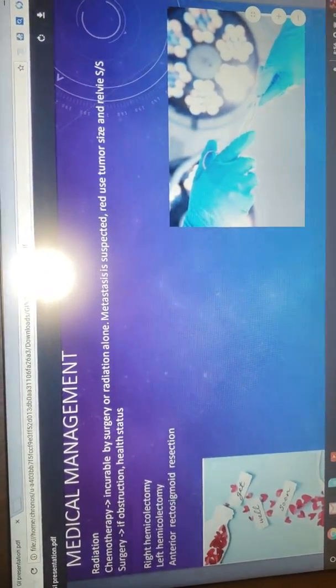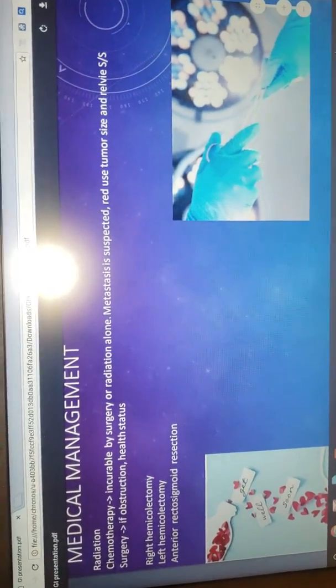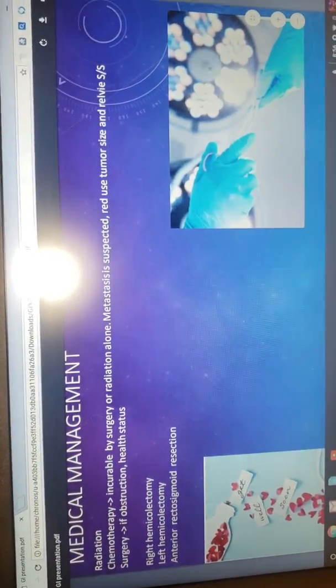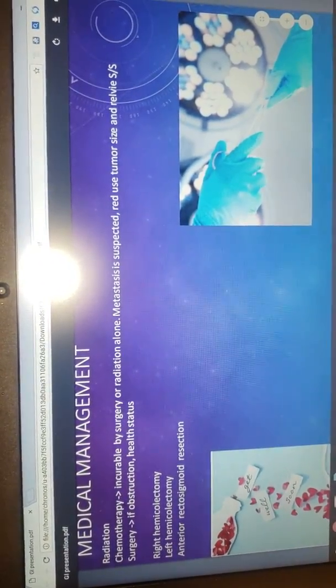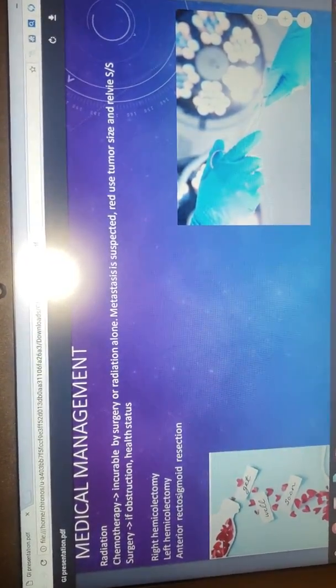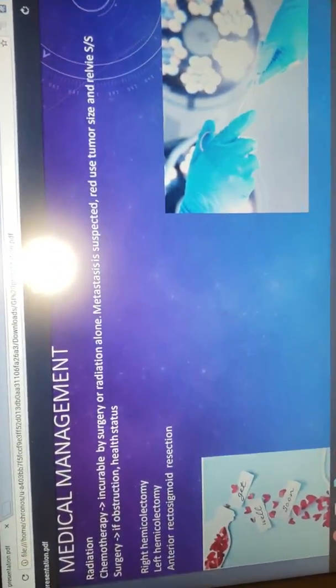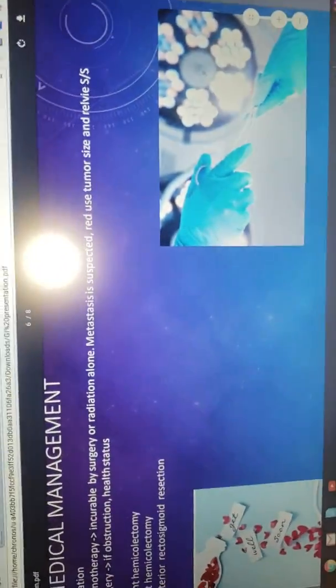The surgical also depends on location and presence of the obstruction. You also do surgery if you're suspicious if it has metastasized as well.